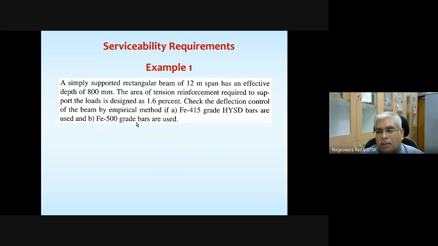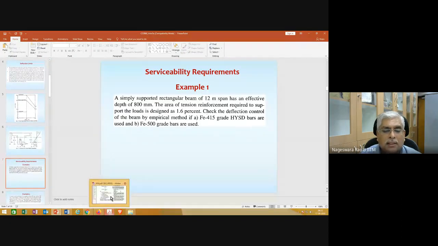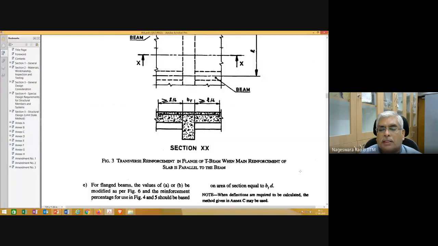And then we need to again apply a modification factor for tension reinforcement. Here there is no compression reinforcement, and also this is not a flanged section. So the modification factor for compression reinforcement you can assume as 1, and for the flanged section, it's not a flanged section, so the corresponding reduction factor, which is given in figure 6, I think, can also be assumed as 1.